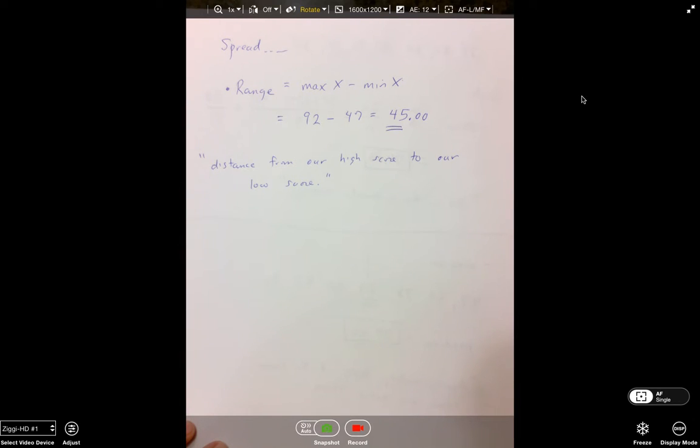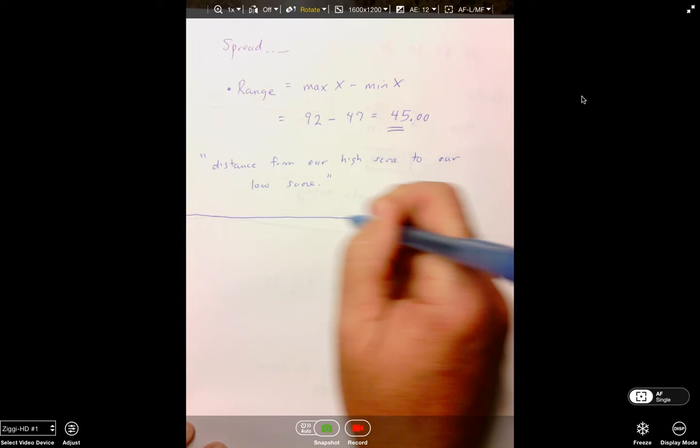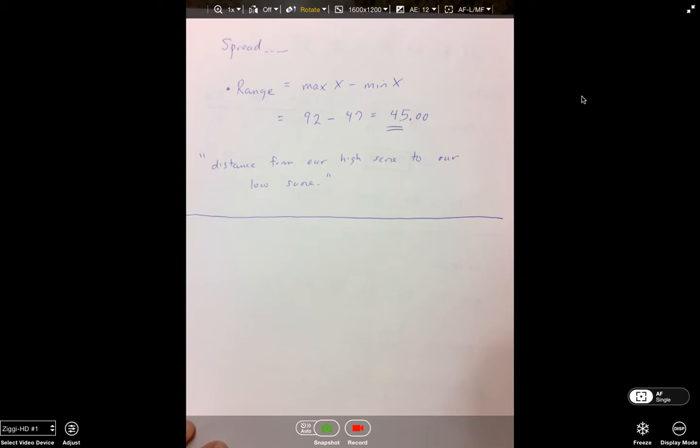So the range is really easy to find, but in many ways the range doesn't tell us much. Now, let me tell you a problem with the range, guys.